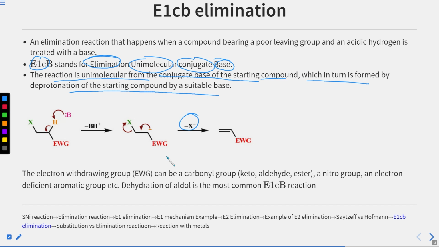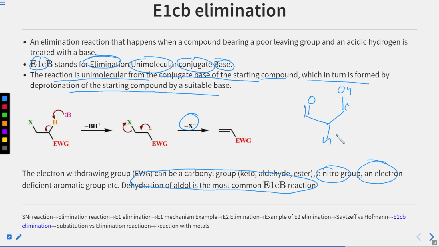It is generally a carbonyl, aldehyde or ketone, but it can be any electron withdrawing group like CF3, nitro group, electron deficient group, aromatic group. Dehydration of aldol is the most common E1CB. So you must have seen this aldol reaction. Aldol reaction goes through this E1CB only. Is this clear?